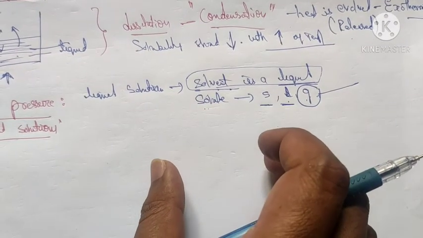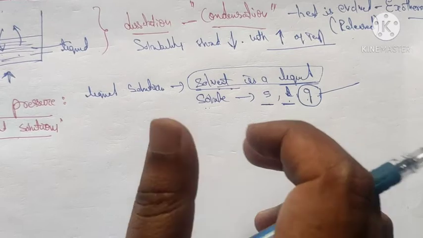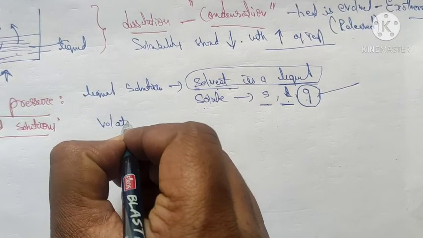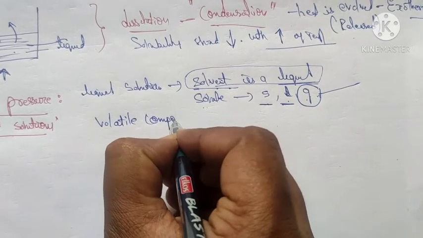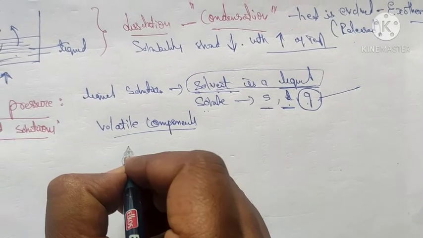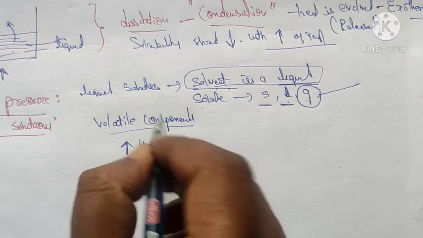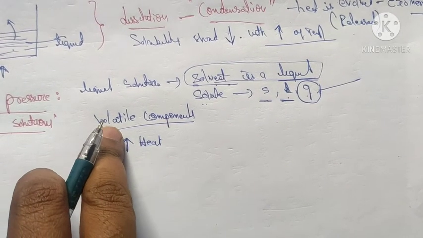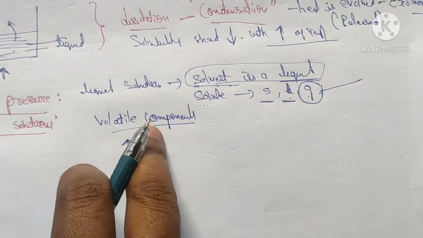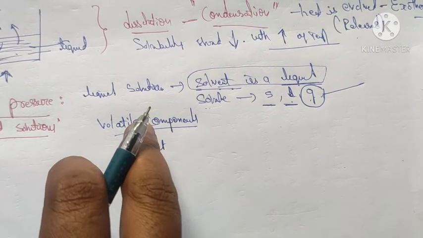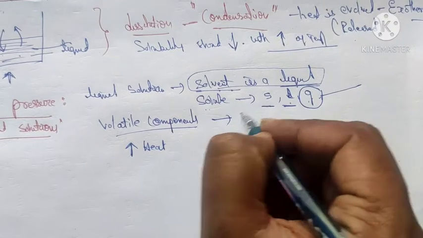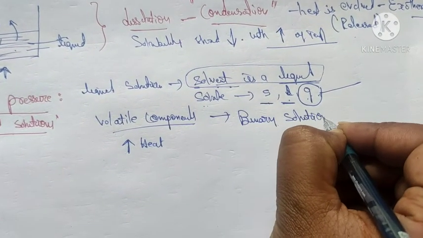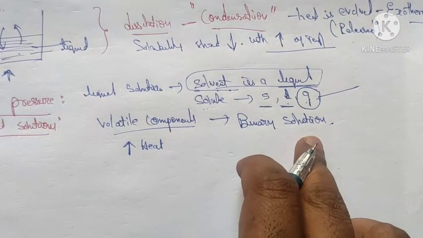Such solutions may contain one or more volatile components. Volatile components means that upon giving heat, they evaporate. That is, we must take components that can turn into vapor, volatile components. So we only consider binary solutions, with two components.